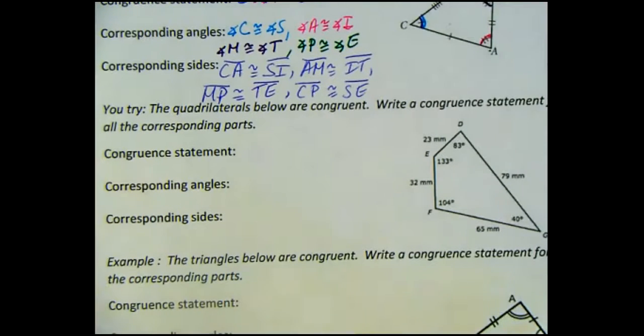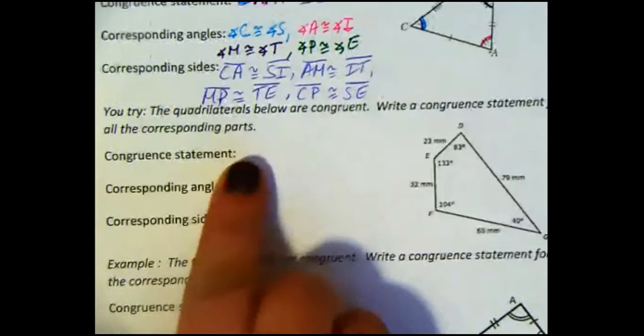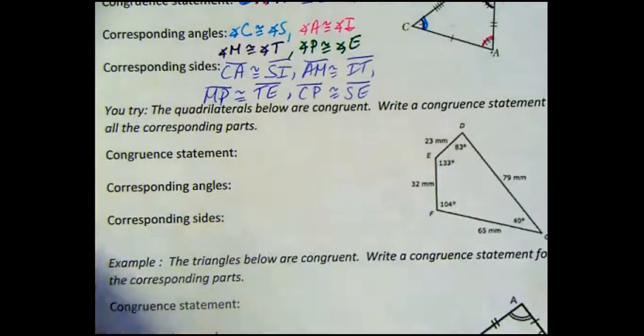I'm going to give you 30 seconds of think time, and then I want responses in the chat. Actually, I'll give you a minute of think time. You have to match up the stuff.